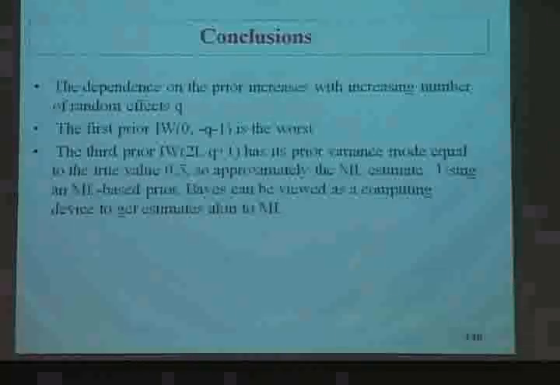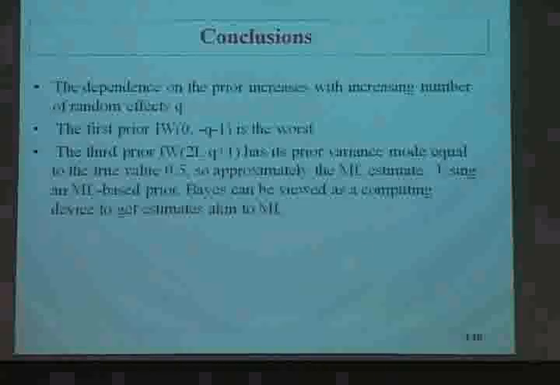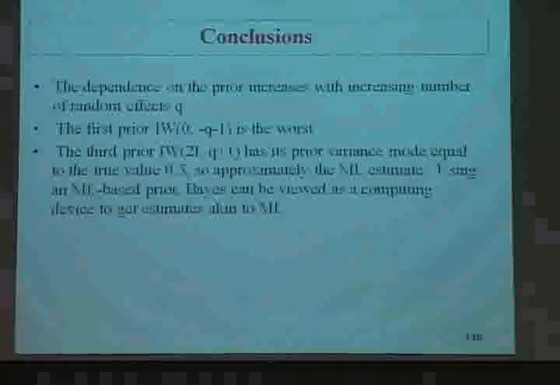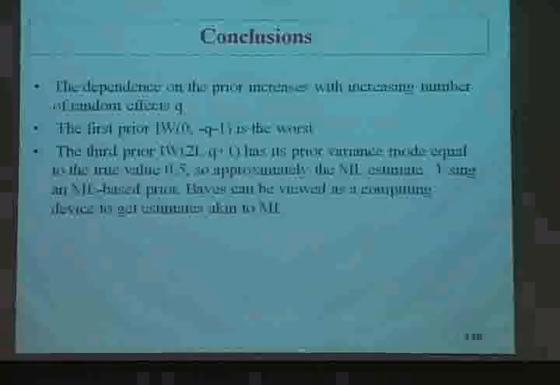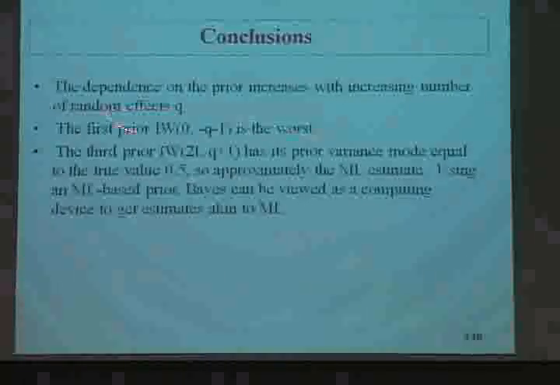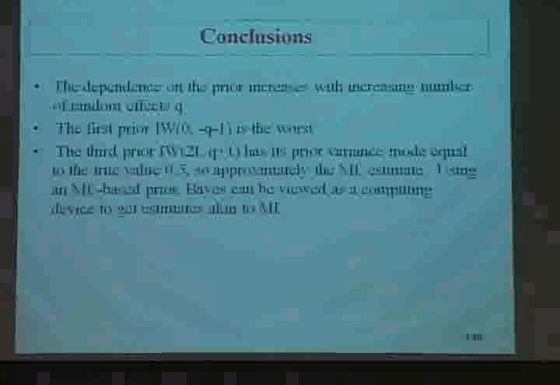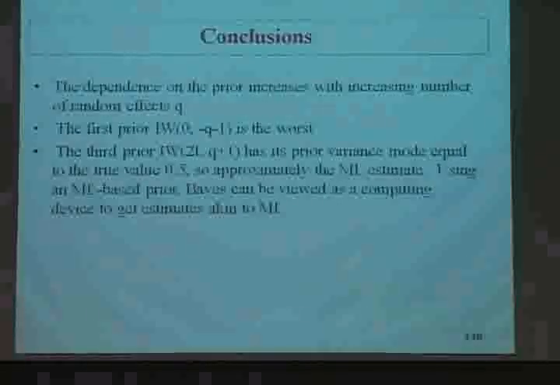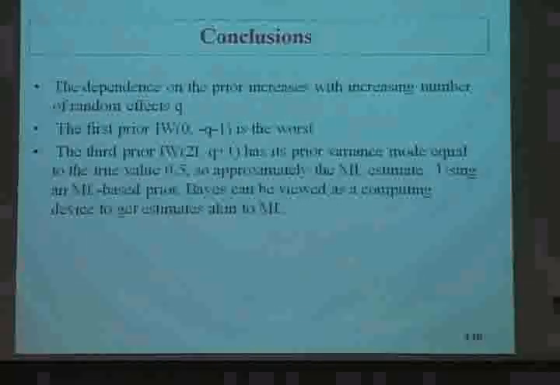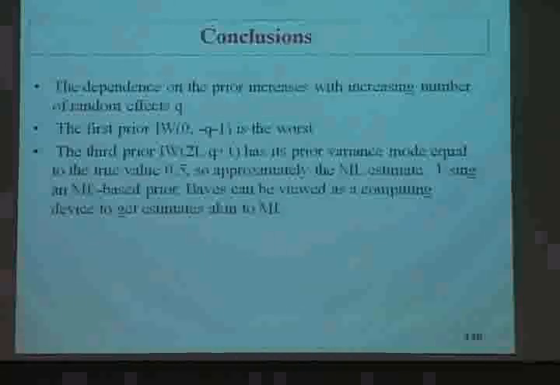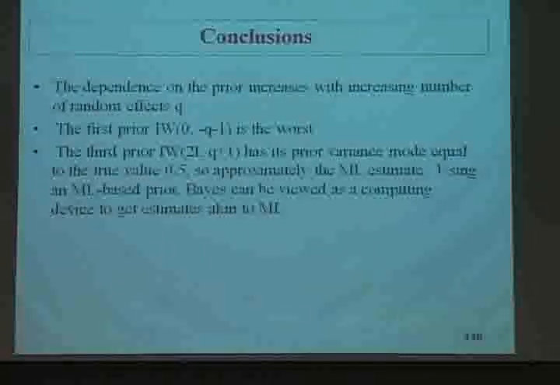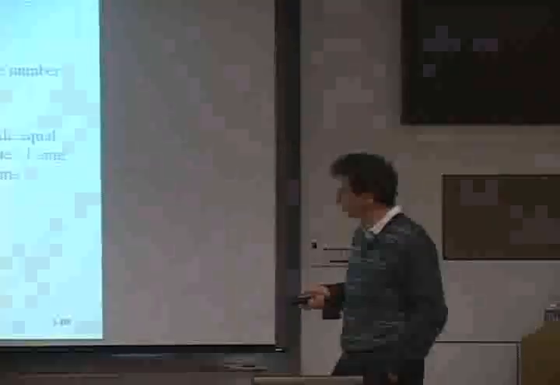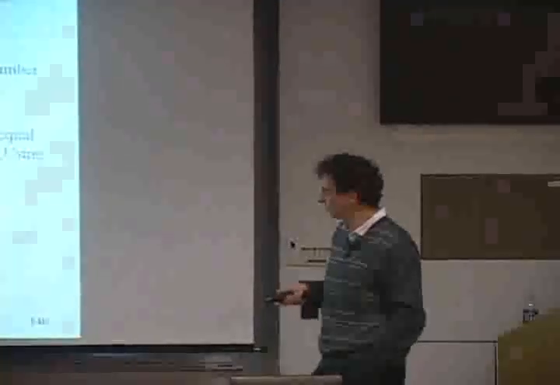So if you have a large number of random effects and your sample size is not as large, you can expect some dependence on the prior, and then carefully selecting that prior is important to get good coverage and good point estimates. And you can always do exactly what we did here. You can run your own simulation and see what needs to be done to the prior to obtain the best performance.